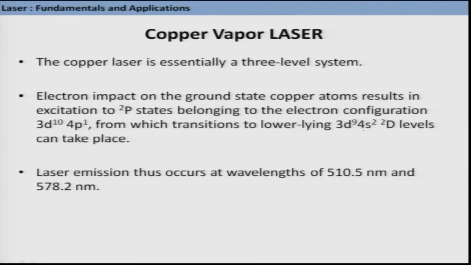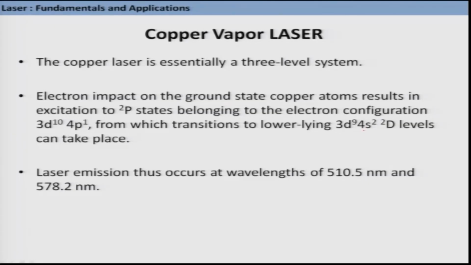Next, we will go through, real quick, this copper vapor laser system. This is another atomic gas laser. This copper vapor laser is essentially a 3-level system, and like any other gas laser, here also electron impact plays a role.